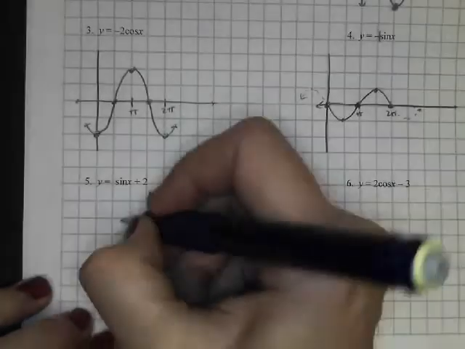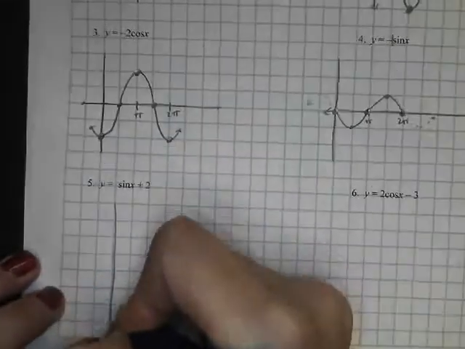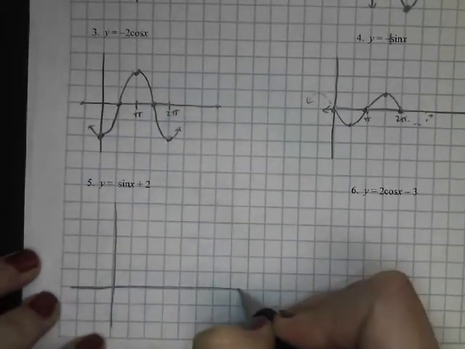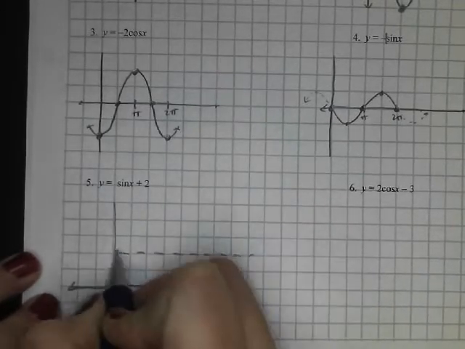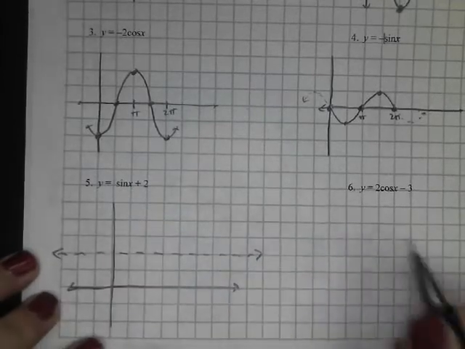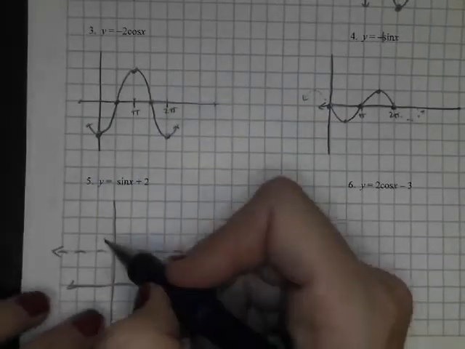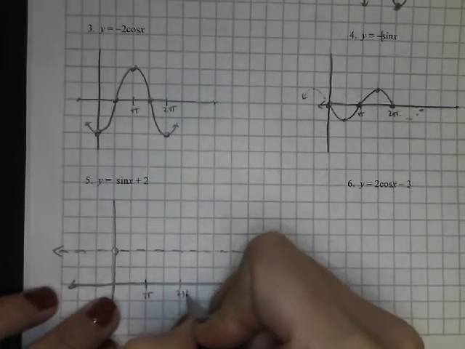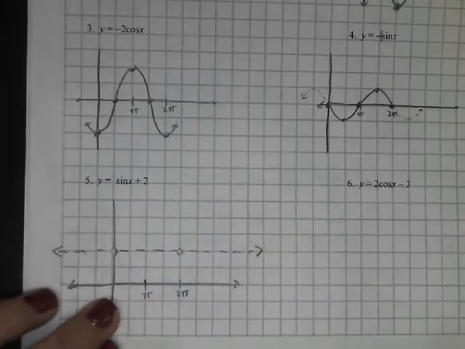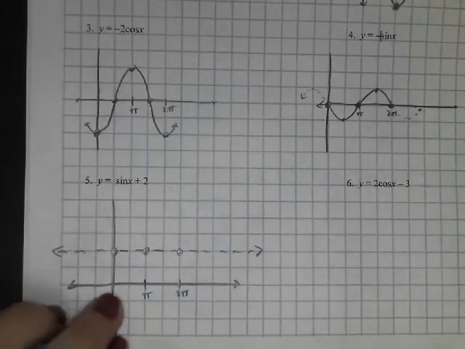And then the last two change your midline. Knowing that my midline got shifted up 2, this is what I'm going to treat as my new x-axis. So it's a sine graph. It starts on the midline. There's pi and there's 2 pi. And it ends on the midline. And it has a halfway point on the midline.